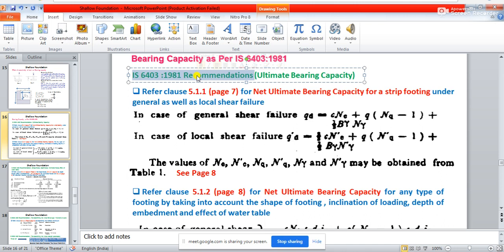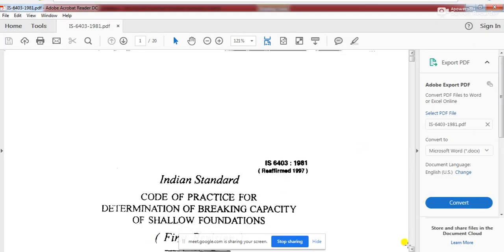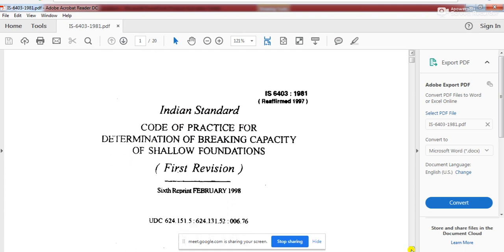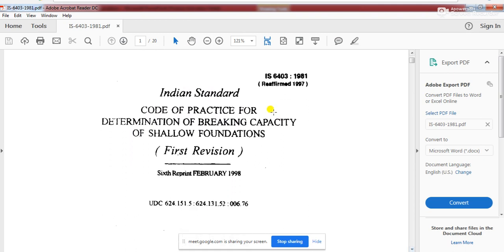I will explain the code, but you will have to go through the code, otherwise you will not understand it very clearly. So, see, Indian Standard Code IS 6403:1981, this is the code for bearing capacity. Can you see this PDF document? Yes, sir. This is Indian Standard Code 6403:1981.